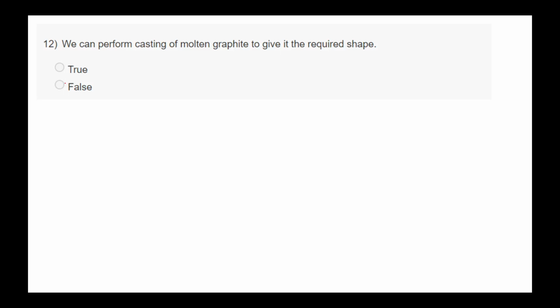It is a very, very high temperature, so we cannot perform casting. There are many other methods you have to use if you want some shape. So casting we can't do, as it requires very high temperature.